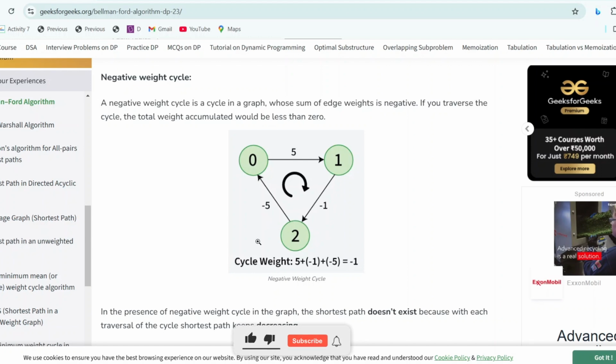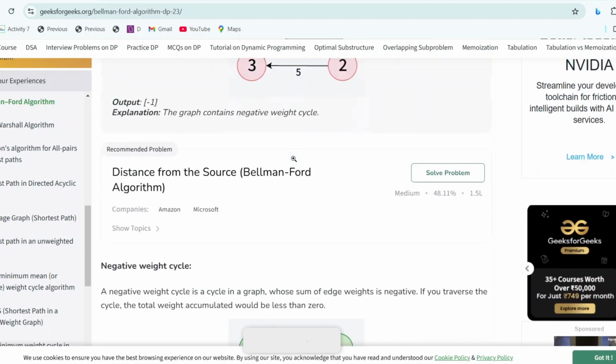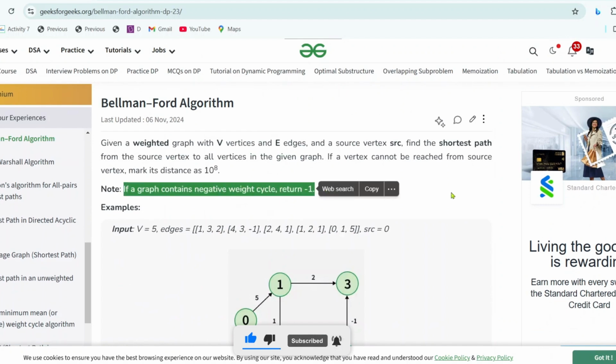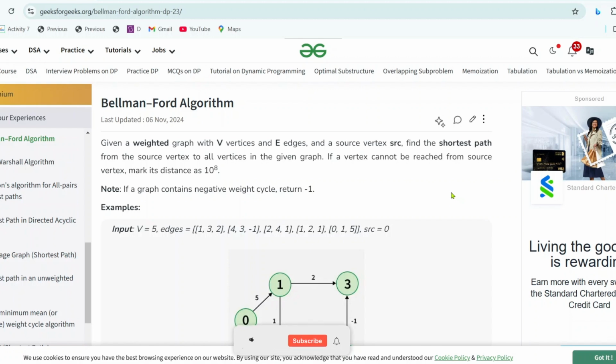But we know that in any graph, the weight from a given node to itself is 0. But here we got -1, so it is a negative weight cycle. So for these types of graphs, we should return the value -1. I think you understand, right?